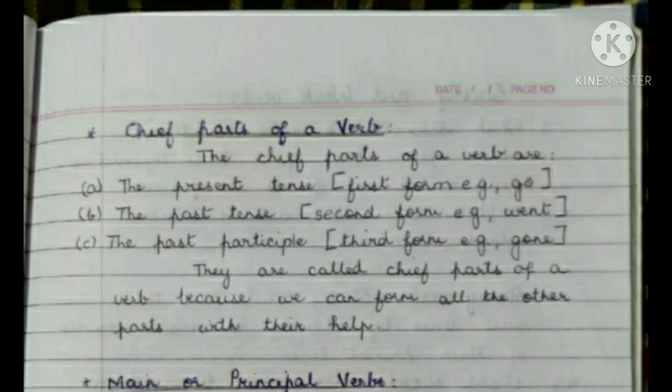The example we have taken is gone. When we want to change the tense of the sentence, by seeing the verb we can know in which tense the sentence is said. So they are called the chief parts of a verb because we can form all the other parts with their help.